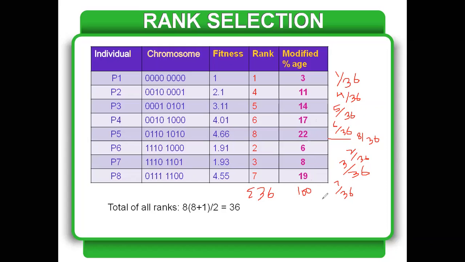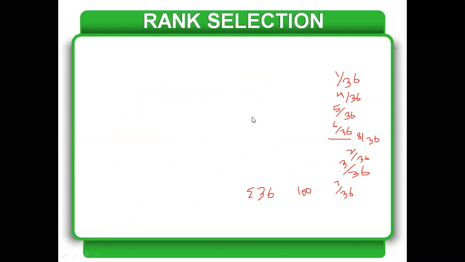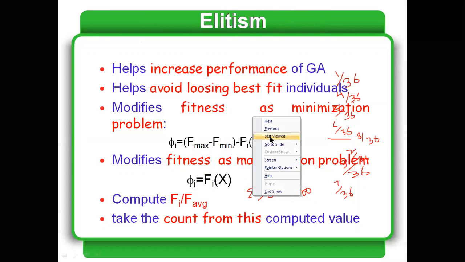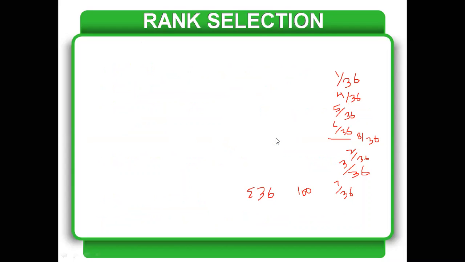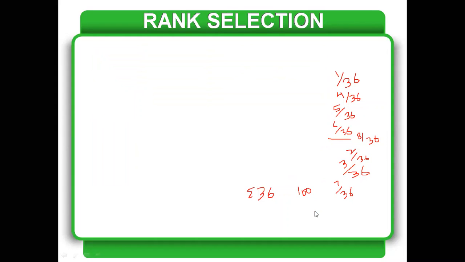Definitely. Okay. So once I've made this, now I'm going to assign them area on your roulette wheel. I've not drawn the roulette wheel, but P1 will have 3% out of the 100, P2 will have 11% out of the 100 and so on. So your complete wheel is getting divided.